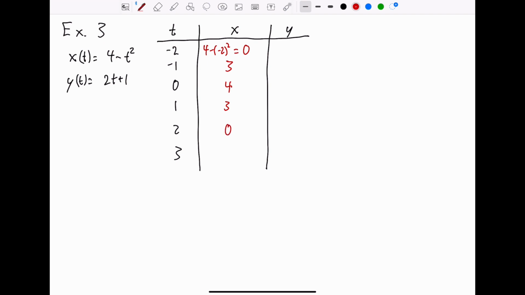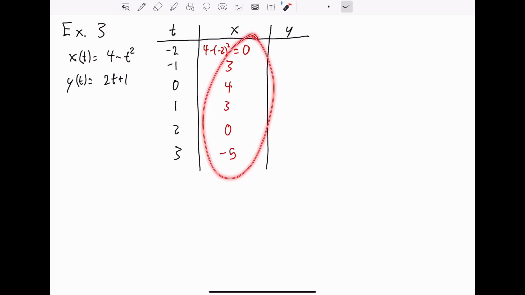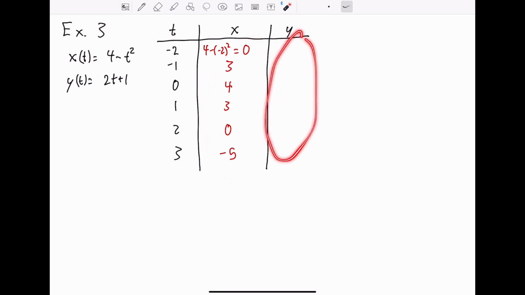And then 4 minus 3 squared, that's 4 minus 9, so -5 is the value here. Once again, the way to get the x values is by plugging in the corresponding t values into this equation for x in terms of t. So here are the x values of the points, and now we'll find the corresponding y values.